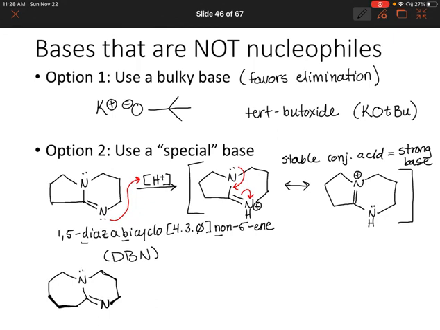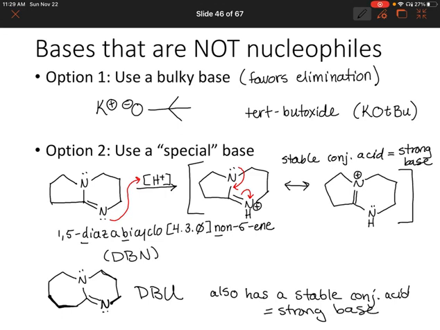All right, so it sort of looks like this, and it's called DBU. The full name is 1,8-diazabicyclo[5.4.0]undec-7-ene. But all you have to know is it also has a stable conjugate acid, so it is a strong base.